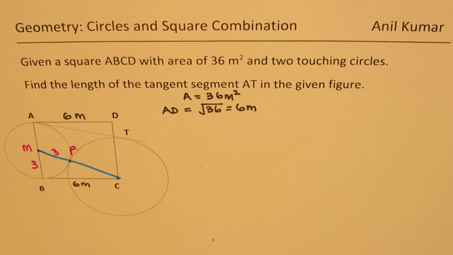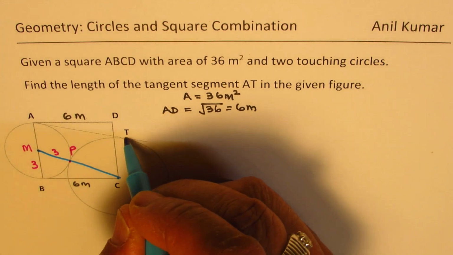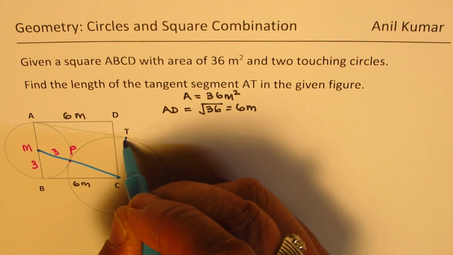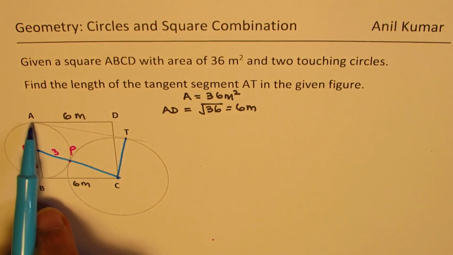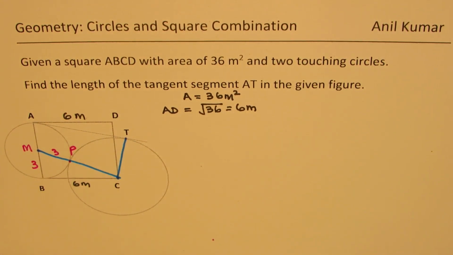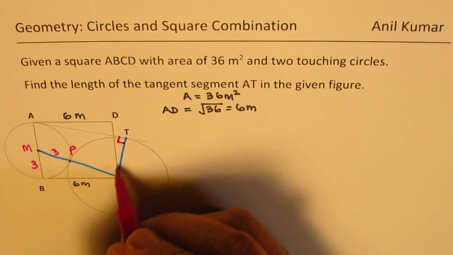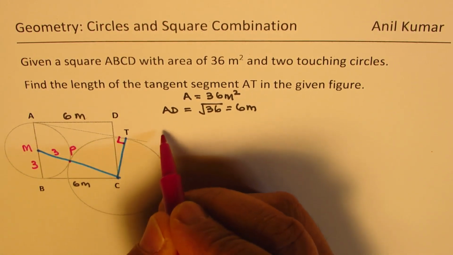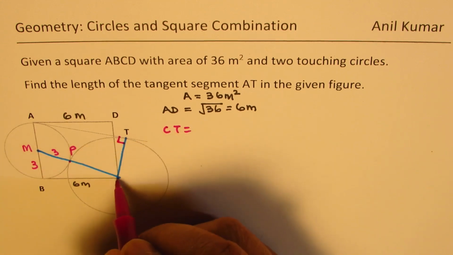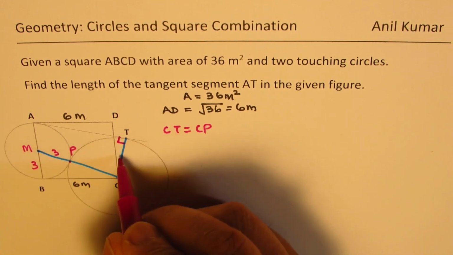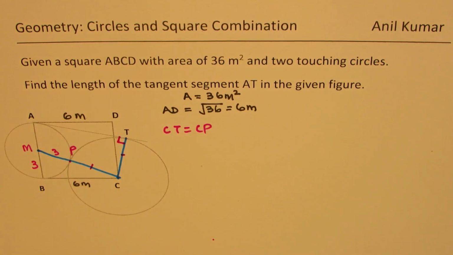So what we can do here is that we can connect C with the point T, which is tangent, AT tangent to the circle. Now, in this particular case, that radius, CT, is going to be equal to CP, right? Both are same, correct? So what we need to find is the length CP.